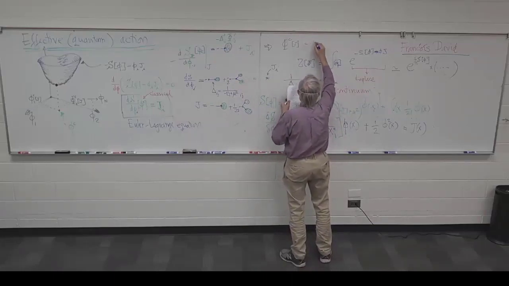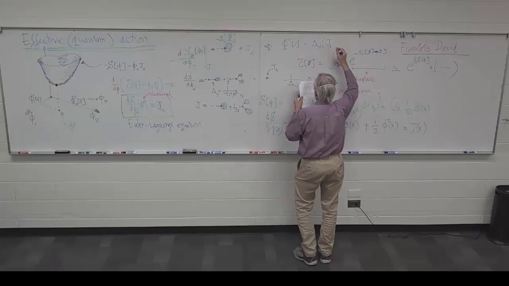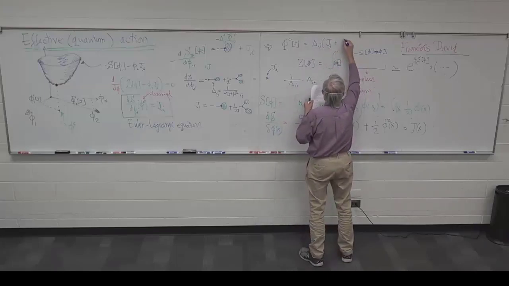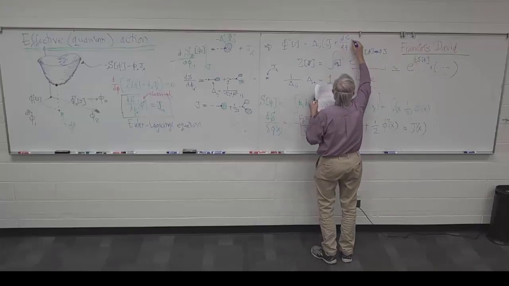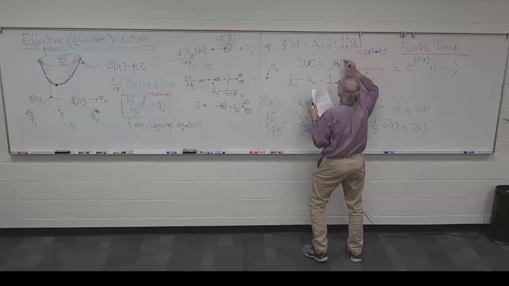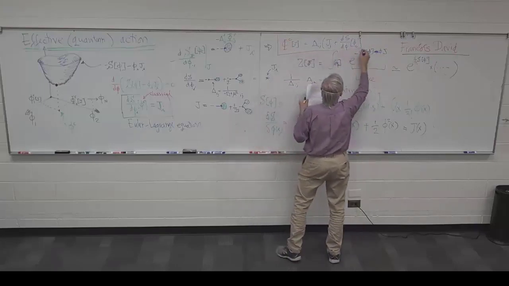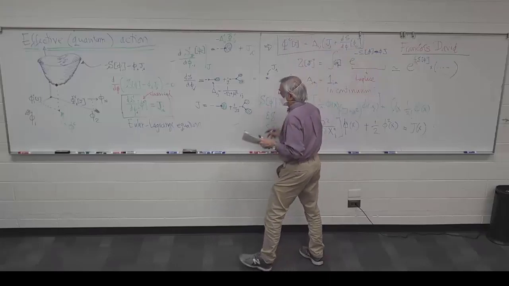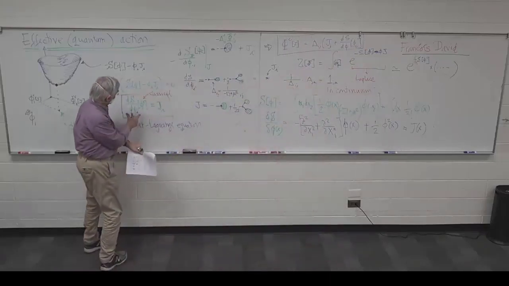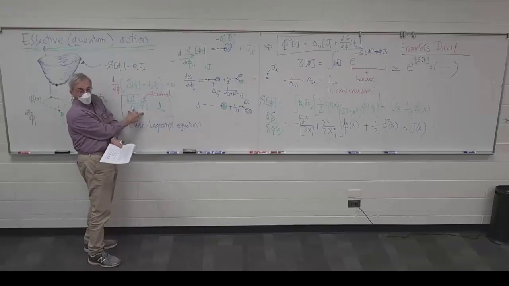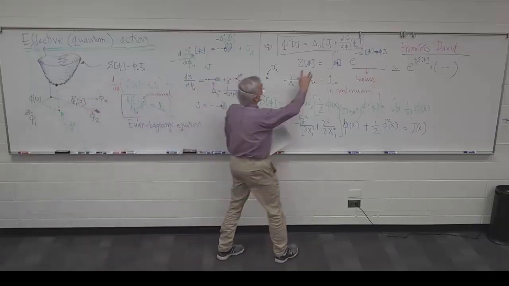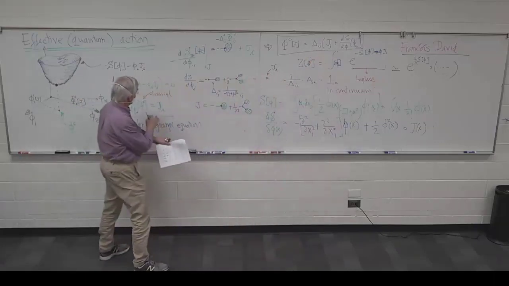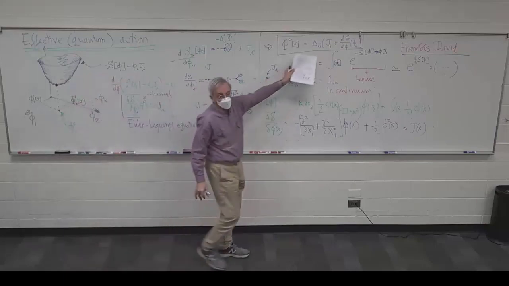That equals the quadratic part plus the interacting part. So I'm sorry for the mess, but it's just rewriting the Euler-Lagrange equation as a quadratic part, this one, plus the interacting part, that one.